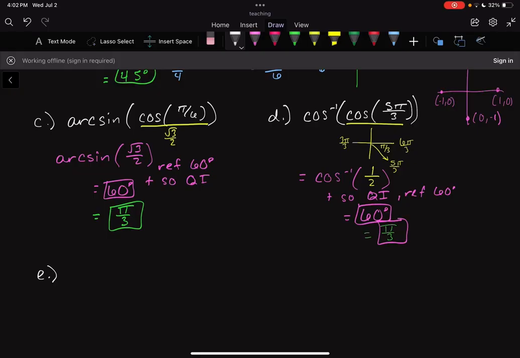Let's do one that involves tangent maybe. So let's say tangent of sine inverse of negative square root 3 over 2.